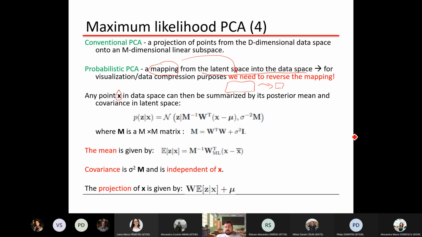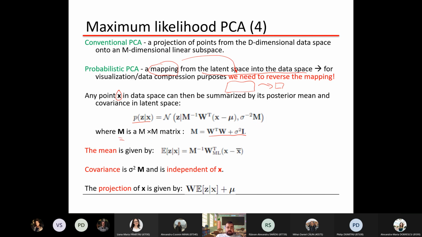So basically what we need here is to reverse the mapping that we get from probabilistic PCA, and therefore points X from the data space can be summarized by their posterior mean, P of Z given X, which is a Gaussian that depends on 1 over M, where M is this value, multiplied by W transposed, multiplied by the difference between X and the mean, with covariance sigma squared multiplied with M inverse.